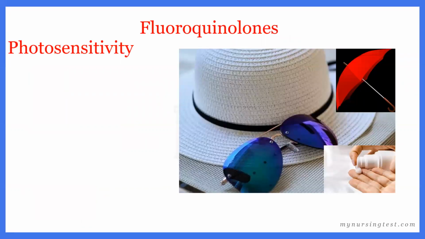So moving on. Photosensitivity. For our clients, we want to teach them to avoid sun exposure. However, maybe there's a time that your client would have to go outside. Maybe they need to go back to a doctor for an appointment. So we're going to teach our client that when they go outside, they need to wear protective clothing. They need to cover their arms and their legs.